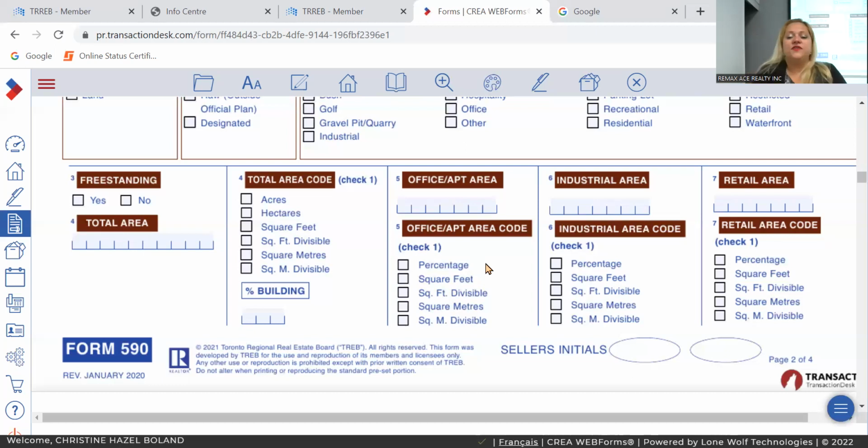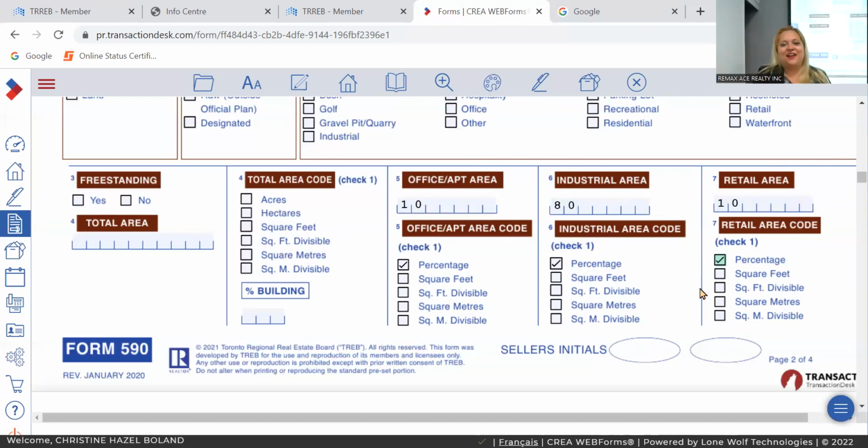So maybe your office area is 10%. So I might put in here 10%, right? And my industrial area is, let's say, 80%. And then maybe the auto mechanic has a little area where he sells windshield wipers and he has a little store, and displays some tires that are for sale. Maybe that's 10% of the store. It always has to equal 100, but basically you're going to figure out what the breakdown is.